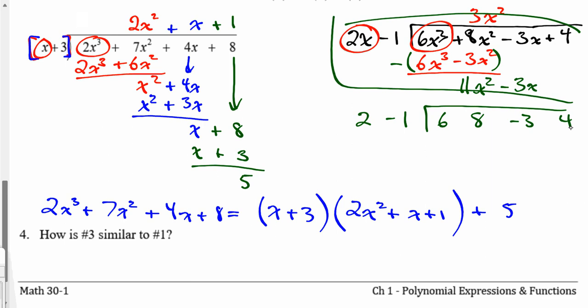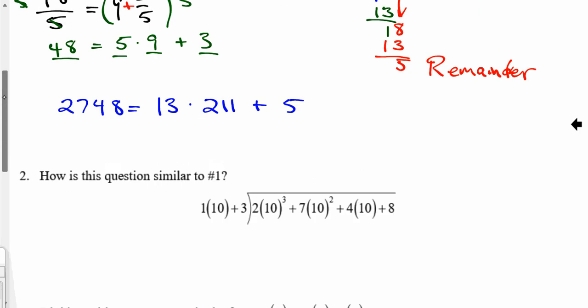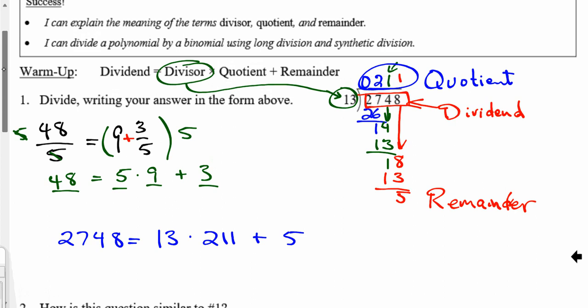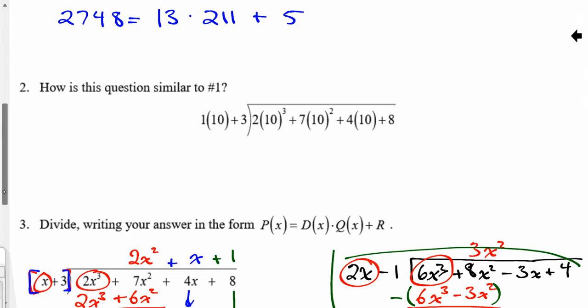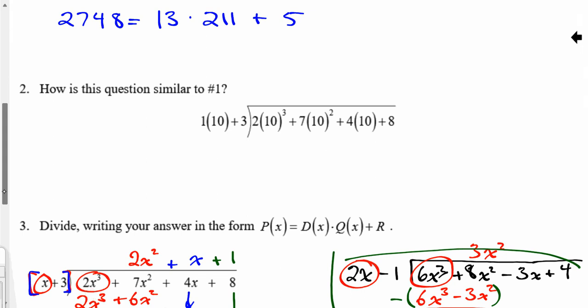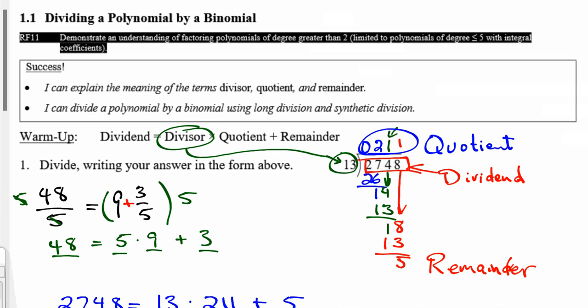And we space them out a little bit so we can see there's not 8 subtract 3, but that this negative 3 is a separate term. And just like with the number at the top of this page, we didn't put the powers of 10 in. We did in number 2, but we typically wouldn't because we understand there are 8 ones, 4 tens, 7 hundreds just from place value.